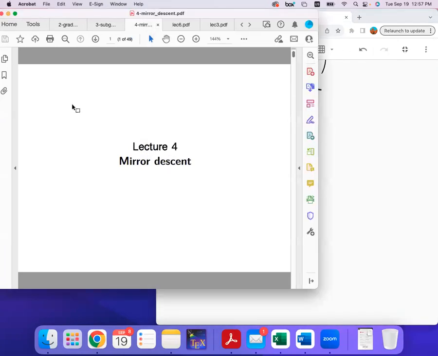And next, we'll go to lecture 4 and talk about a very interesting generalization of the subgradient methods, the mirror descent.